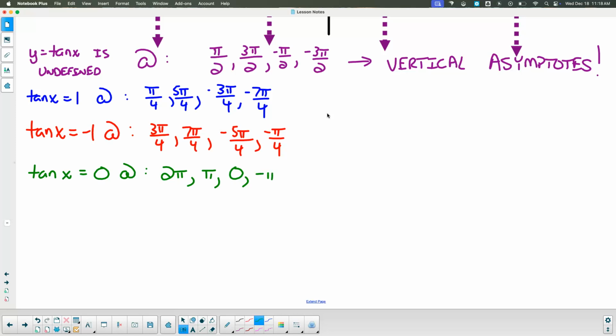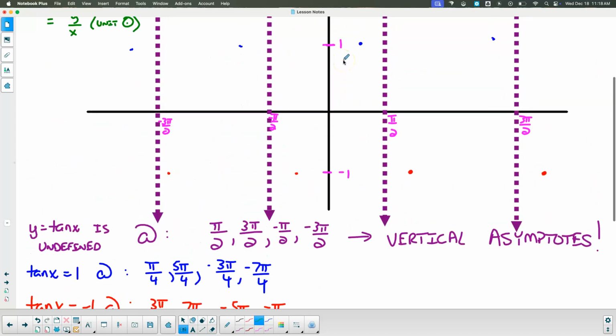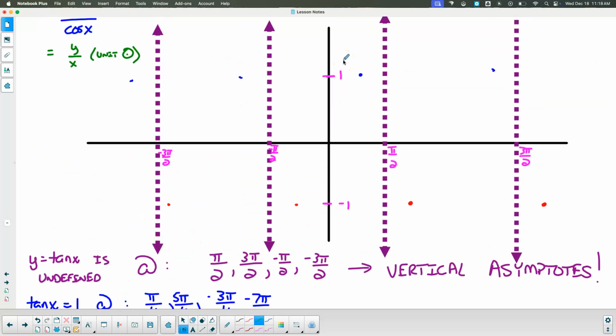Negative pi and negative 2 pi. Do we have enough?